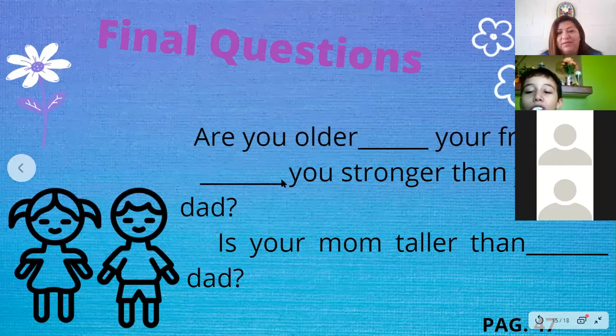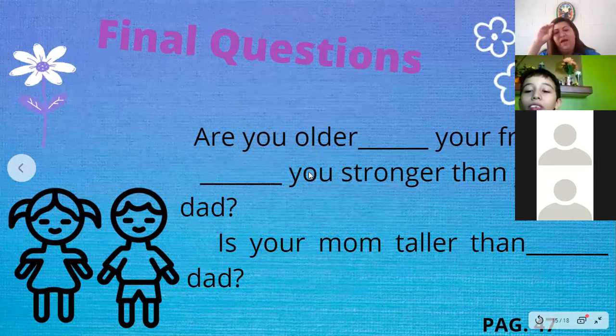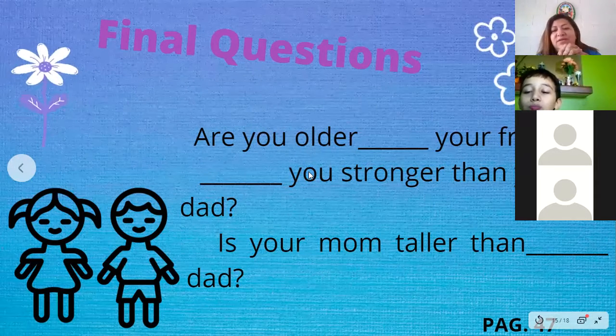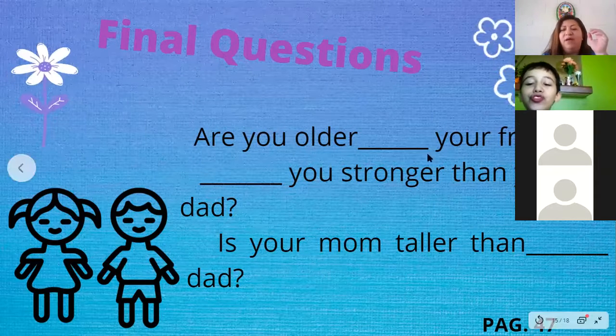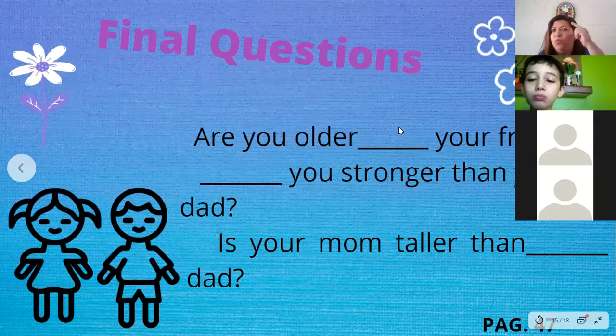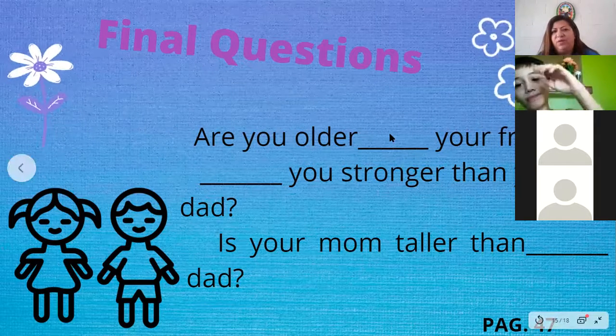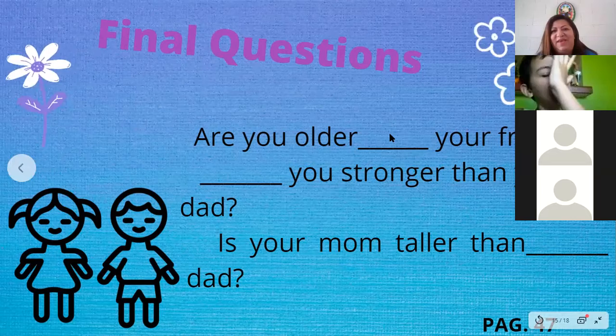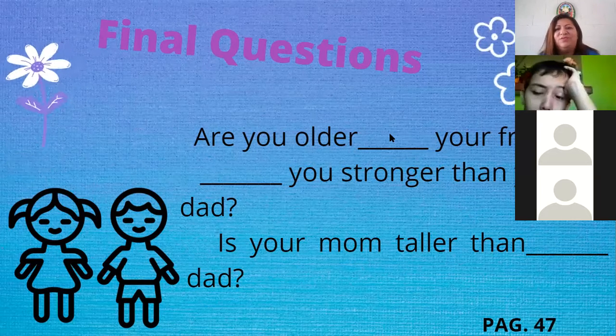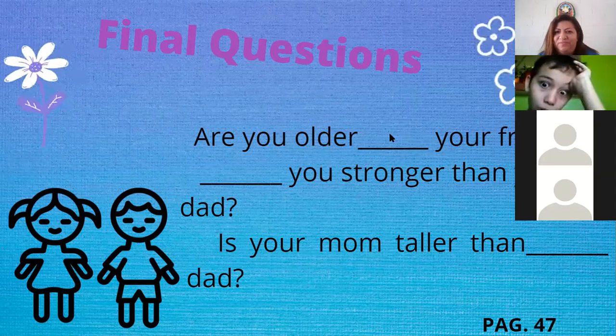Let's try to answer it on our own. I will give you 1 minute to complete and fill up the blanks with the words that you think are the correct ones. And then we are going to see the answers and you can check your own answers and make the corrections.